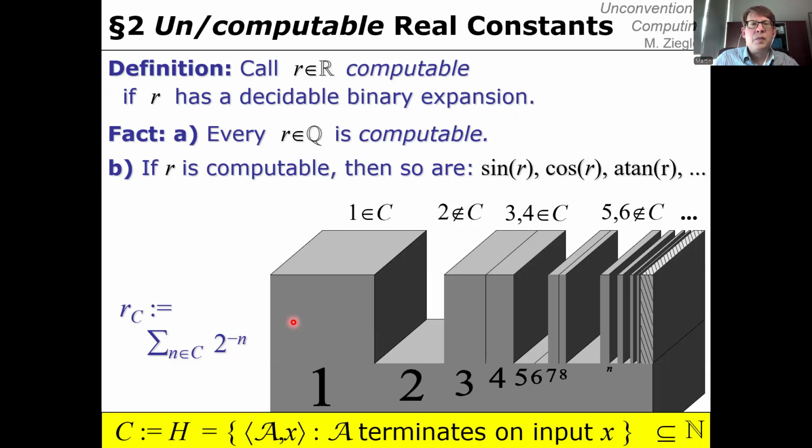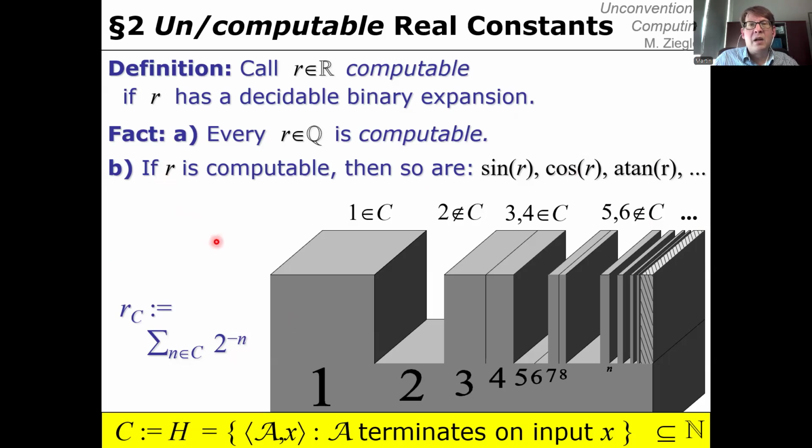Geometrically, the relation between the normal vector of a mirror and the angle of a mirror is given by these trigonometric functions, turning normal vectors into angles, and the opposite direction is given by the inverse trigonometric functions, converting angles into normal vectors. And this item B of the fact says we are only interested in computable angles or computable normal vectors. That's the same, because we can proceed back and forth without leaving the realm of computability.